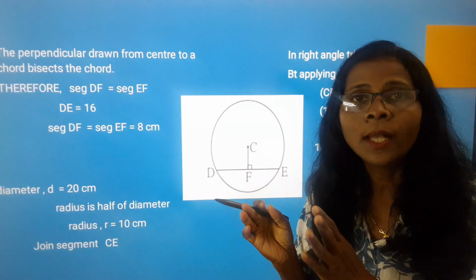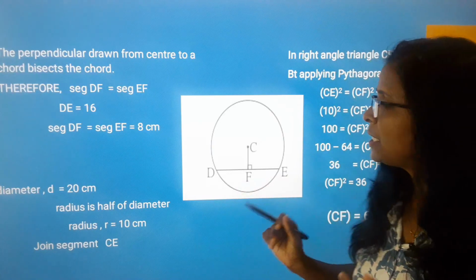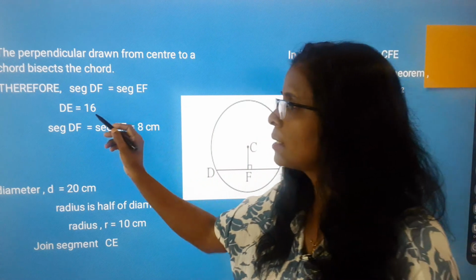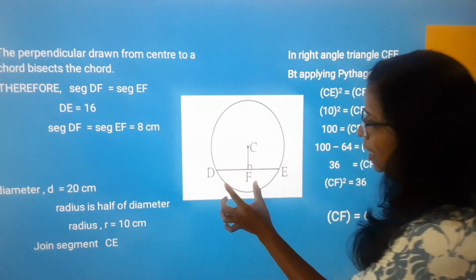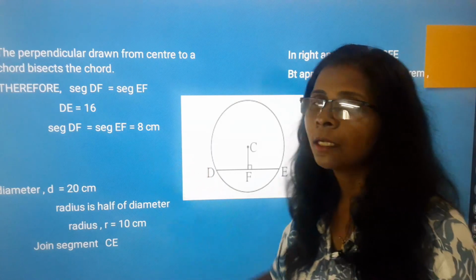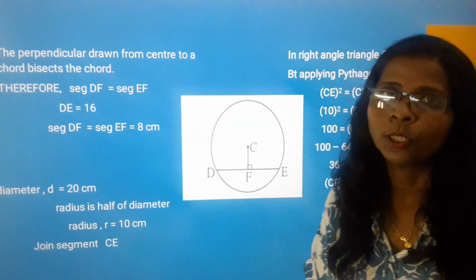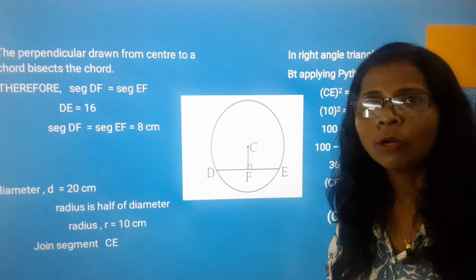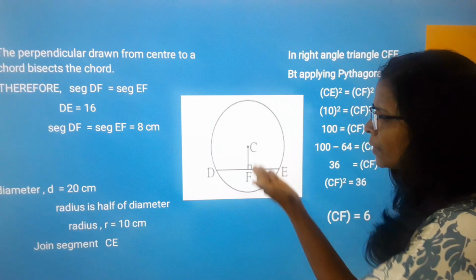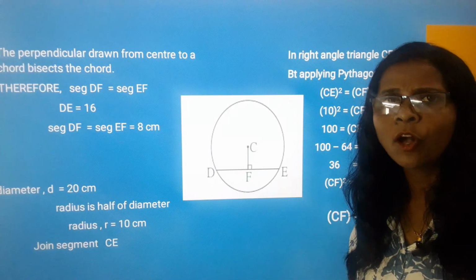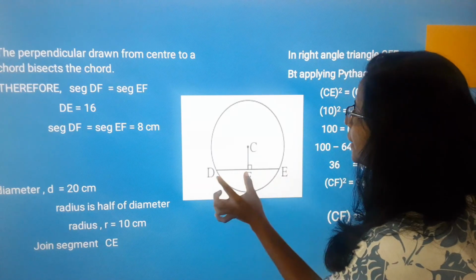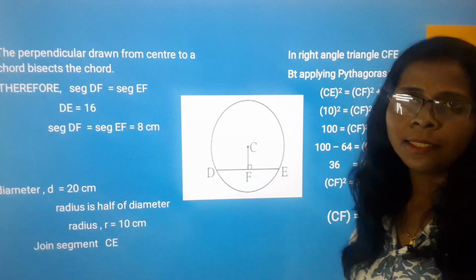This perpendicular bisects the chord, that means as the measure of the chord DE is equal to 16 cm, the segment DF is equal to segment FE and that is equal to 8 cm. Because the measure of the chord is 16 cm and this perpendicular bisects the chord, DF is equal to FE, that means 8 cm.